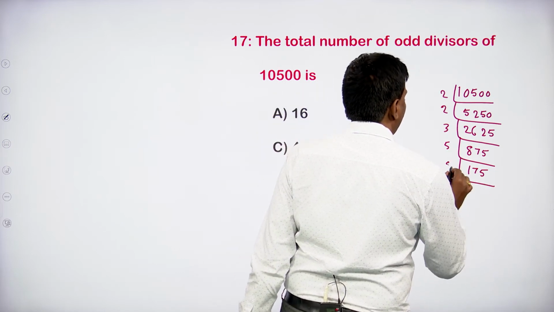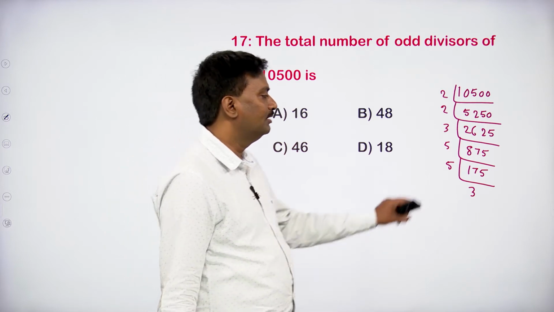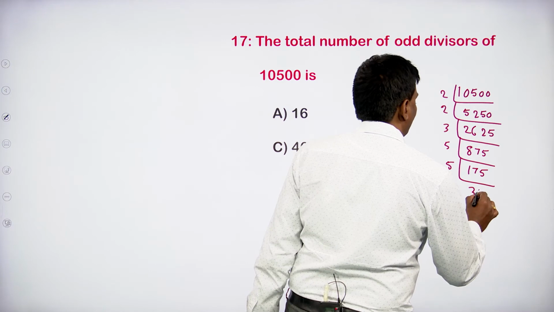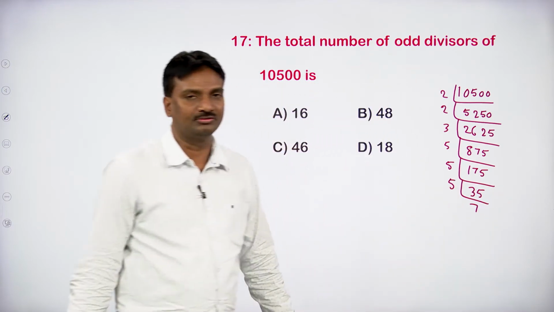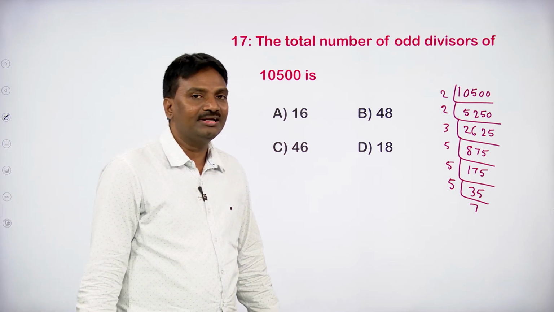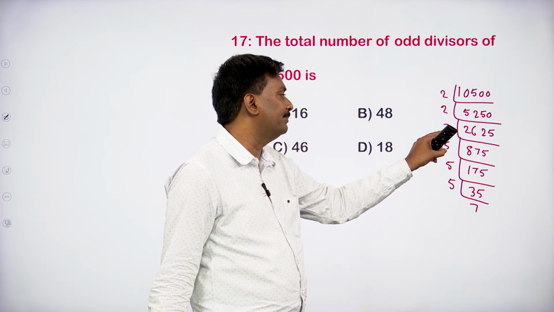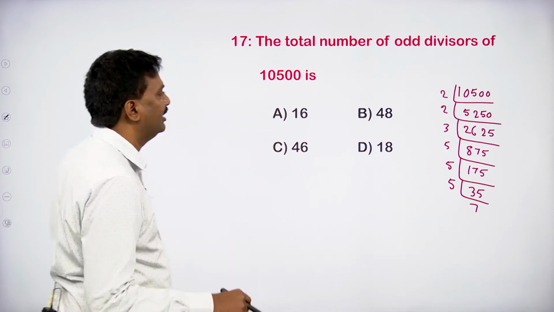Again by taking 5, 5 3s are 15, 17 minus 15 is 2, 25. So 5 5s are 25. Again we can take 5, 7 5s are 35. So stop it. Now we can write 10,500 as 2 square into 3 power 1 into 5 cube into 7 power 1.